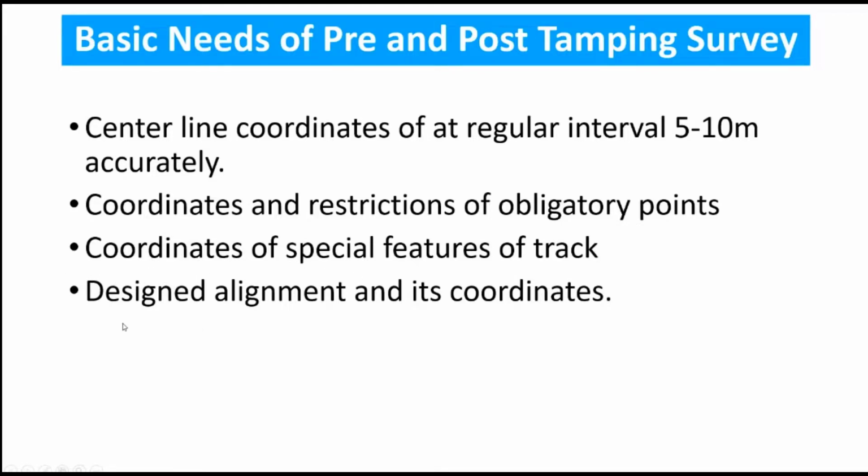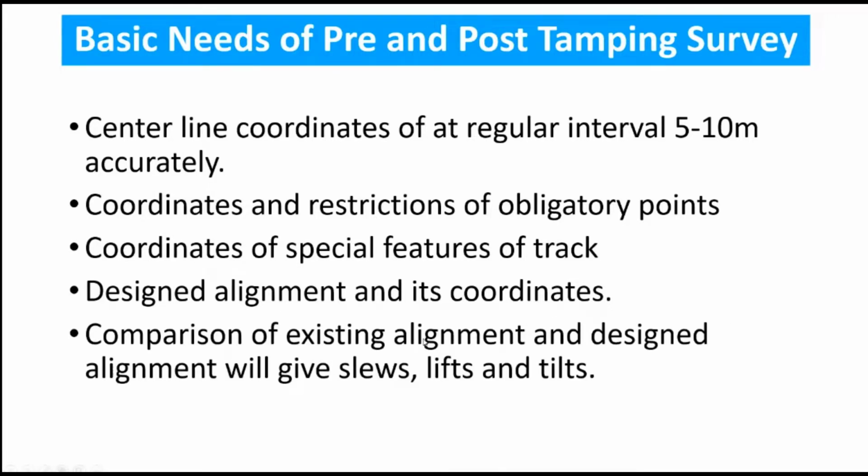If we have the designed alignment, then we use it; otherwise we will have to design the alignment based on the center line coordinates. Comparison of the existing alignment with the design alignment will give us the slews, lifts and tilts. Tilts are the super elevations. So basically we require slews, lifts and tilts for the tamping machine to rectify the track.